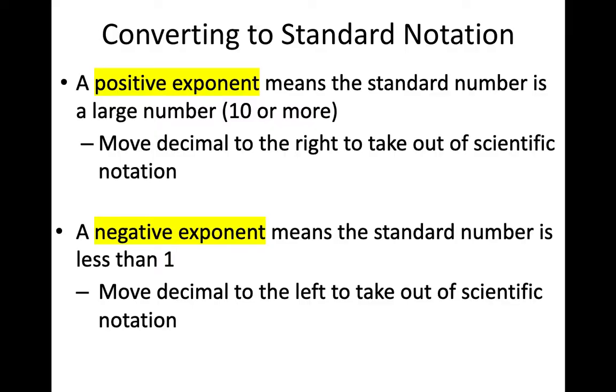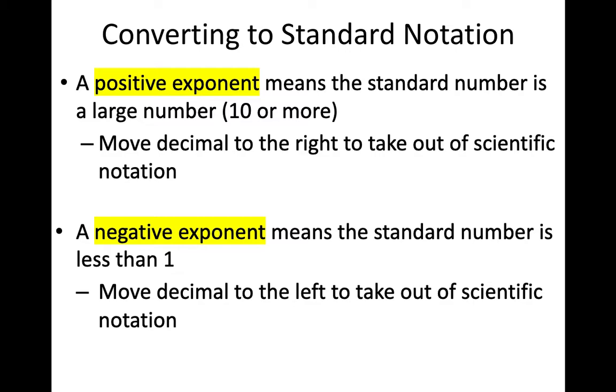Now, we want to convert a number to standard notation, meaning we're going to take it out of scientific notation. Remember, a positive exponent means the standard number is a large number. It's 10 or more. In order to take the number out of scientific notation, we move the decimal to the right, however many times the exponent is.